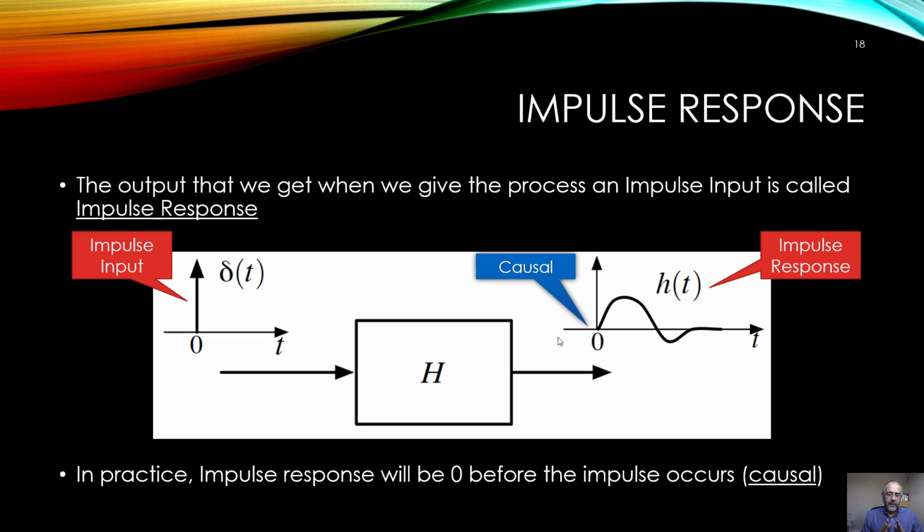So all the impulse response functions that we will see, they start moving after the impulse input. So we assume the impulse is given at time 0. So the output will only start moving after time 0. And that's what we call causal.